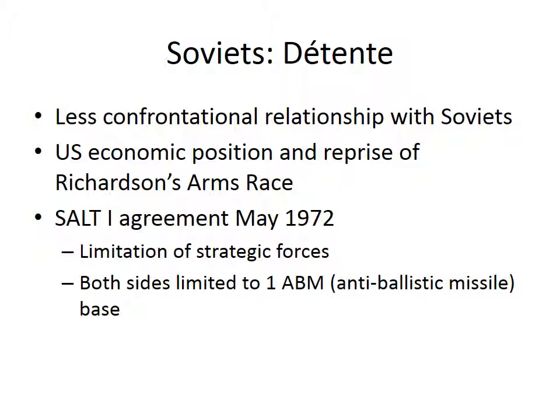By instituting SALT I and the anti-ballistic missile cap at one per nation, the United States put its outside of Washington, D.C. to protect the capital, and the Soviets put theirs outside of Moscow to protect the capital. By doing that, you maintain that disincentive to launching your missiles.